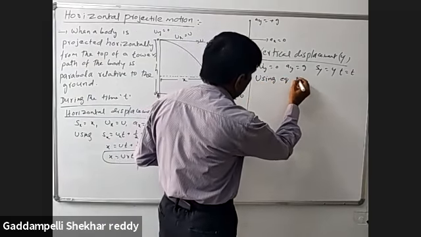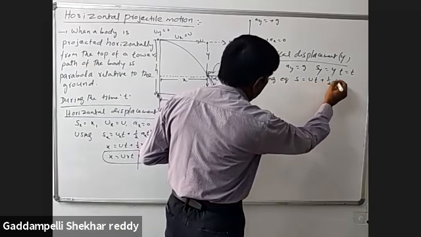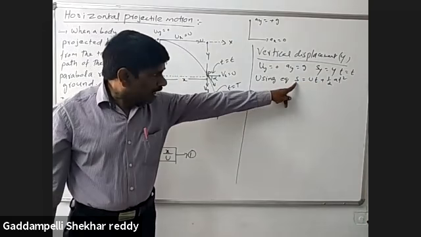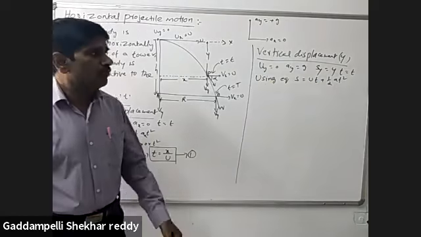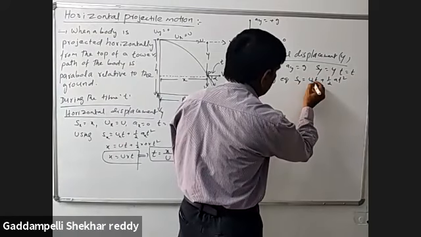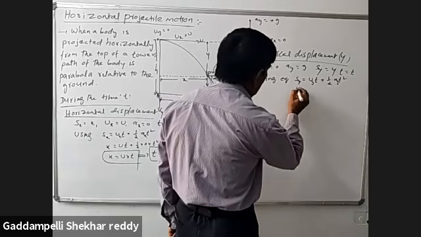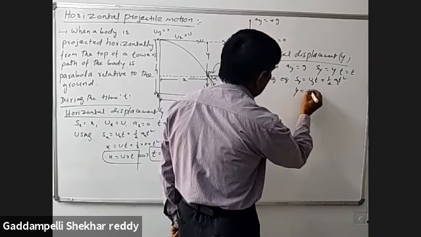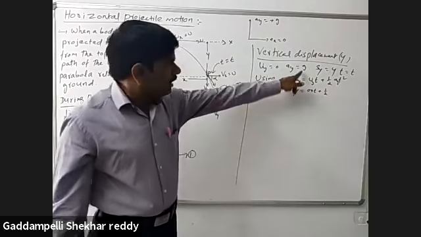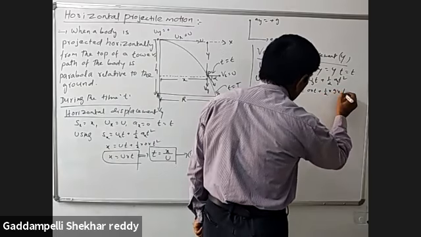Using the equation S is equal to ut plus half at square, in the vertical direction we have sy, uy and ay. Substituting the values, y is equal to uy, which is 0, into t plus half of g t square.